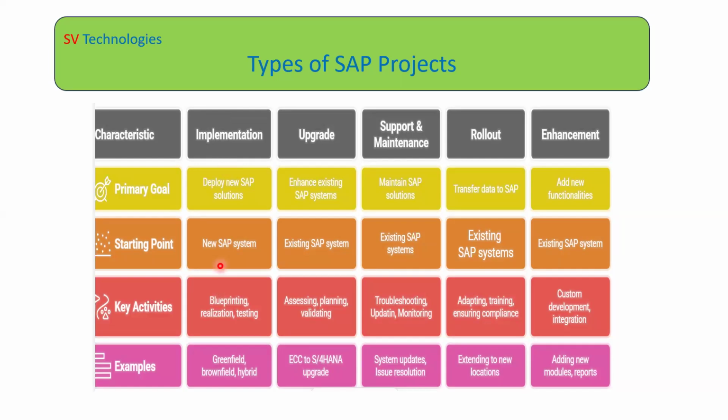We need to gather the requirements from the business first. Once we get the business requirement, we have to prepare the as-is document. And based on the business requirement, as a consultant, we have to provide the solution from the SAP perspective. Combining those two, we call it blueprinting.